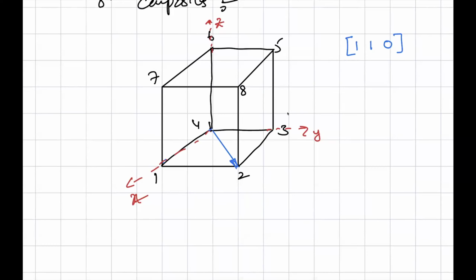Yeah? Yes, sir. Now let us look at 0, 1, 1. It is on the plane 3, 4, 5, 6, right? Isn't it? Yeah, that's right.